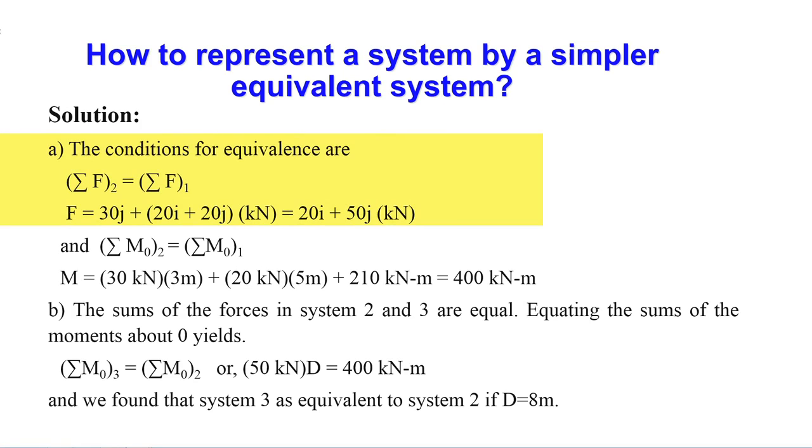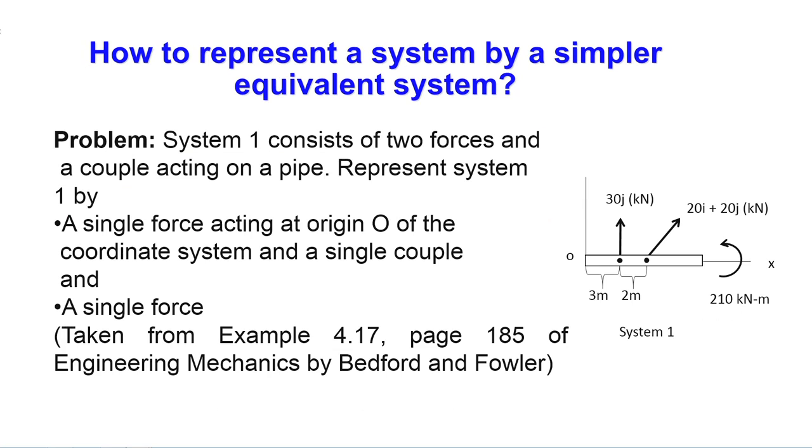So, sigma of F2 equals sigma of F1. Let us see the figure once more. These are the forces: 30 kilonewton, and 20 i, 20 j kilonewton, these are the two forces, and 210 kilonewton meter. These are the three things.